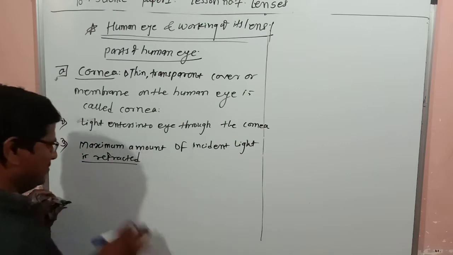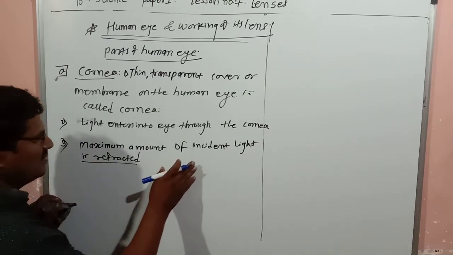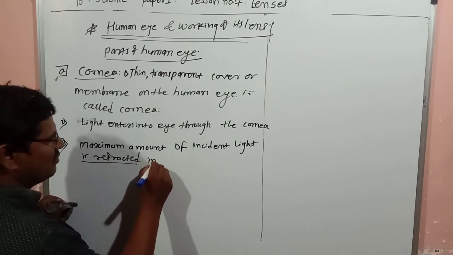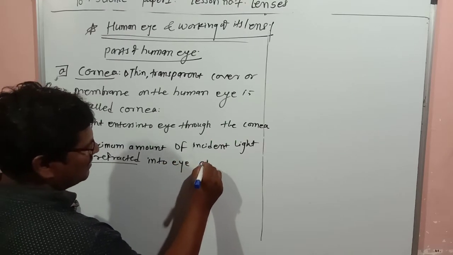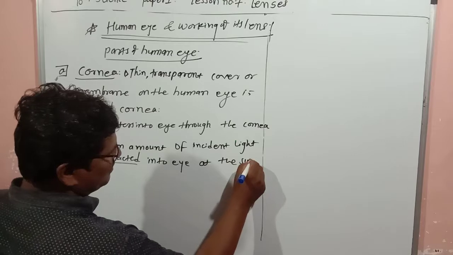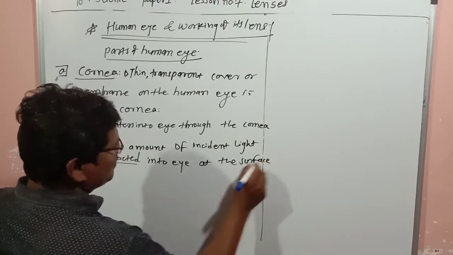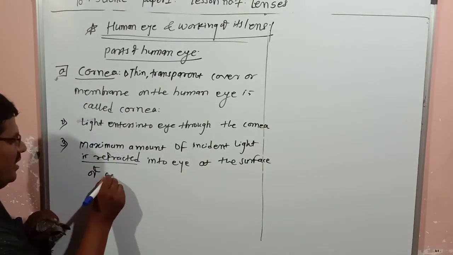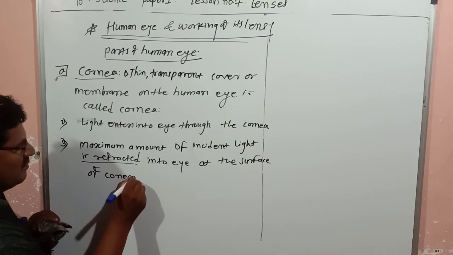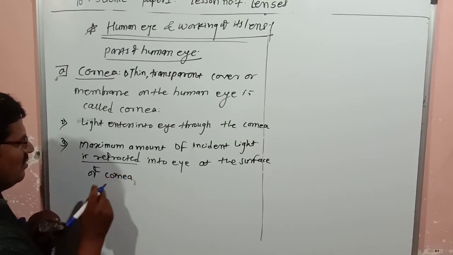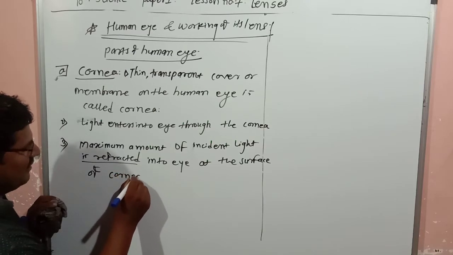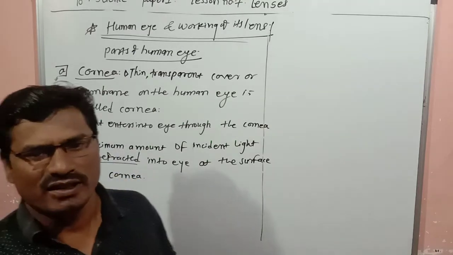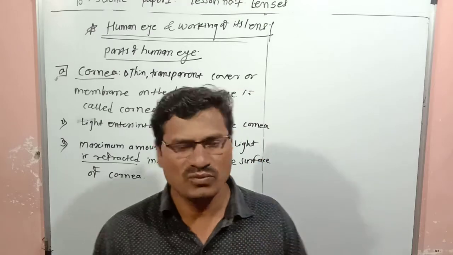Changing direction. So at the surface of cornea, maximum amount of incident light is refracted into the eyes.